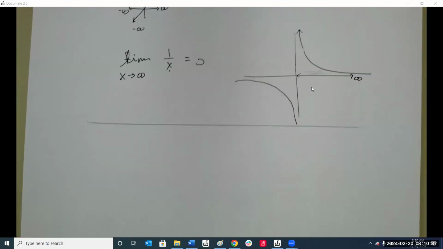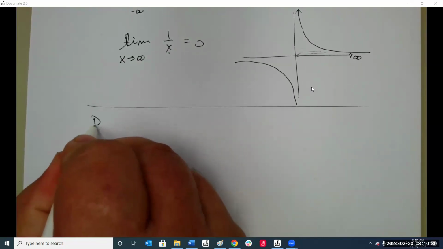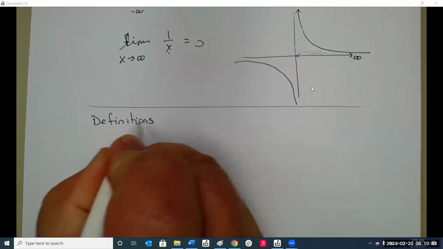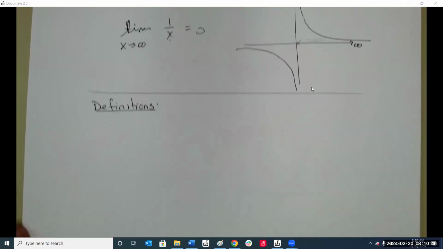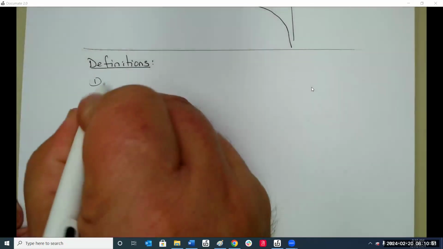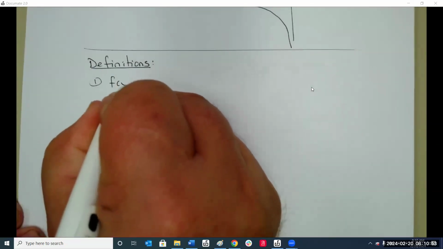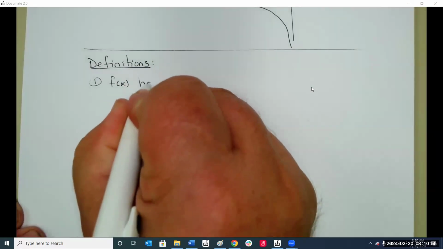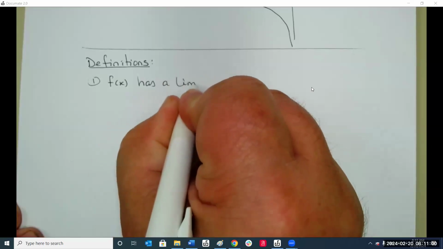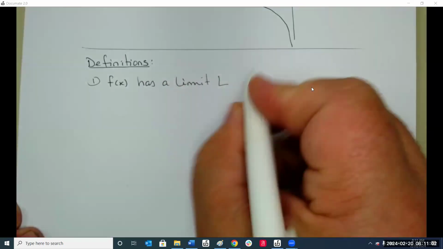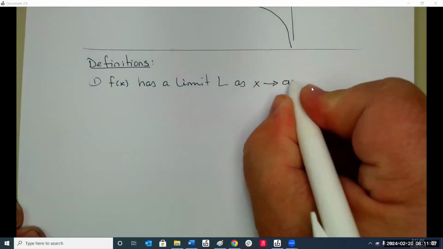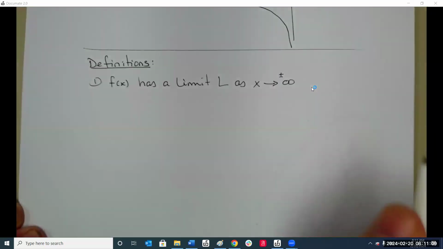Let's look at some definitions here. Okay, first one. f of x has a limit L as x approaches infinity. Actually, I say plus or minus infinity.